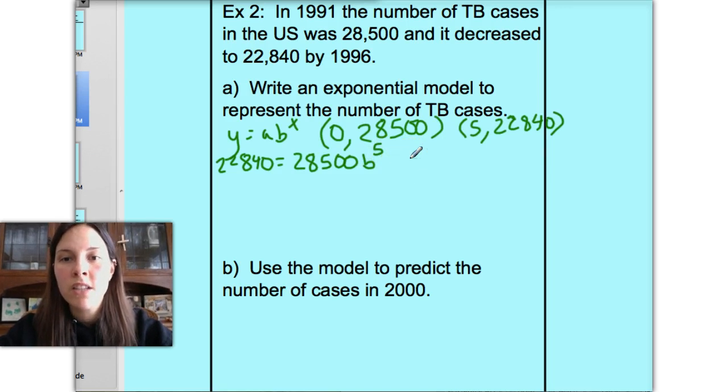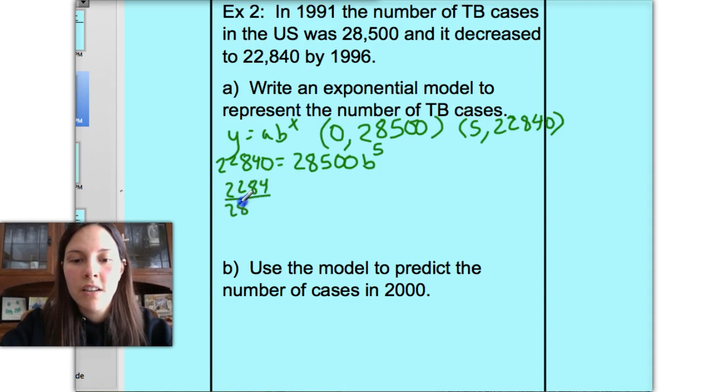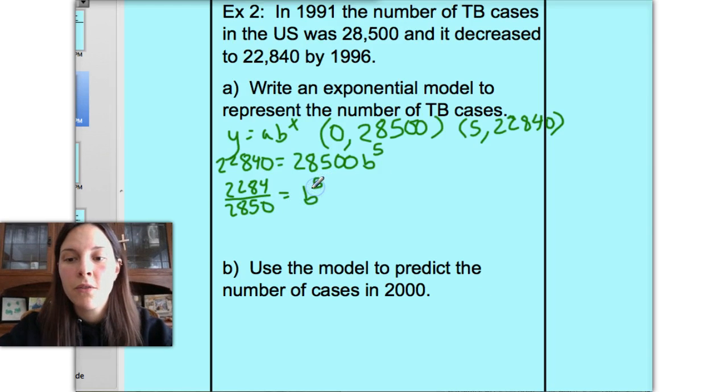So then we're going to solve this for B. We start by dividing by the 28,500. Again, I recommend not getting a decimal approximation until you absolutely have to. So I'm just going to drop my zeros and write 2284 over 2850. Make sure you only drop 1 zero on each of them if you're doing it this way. Equals b to the 5th.